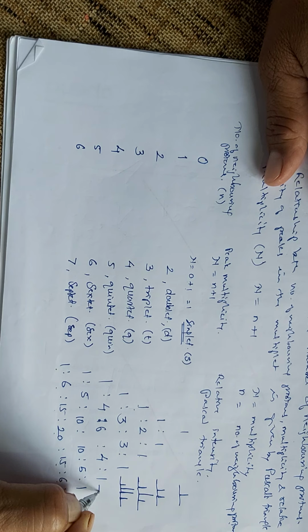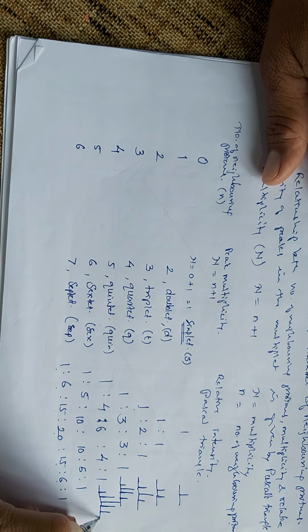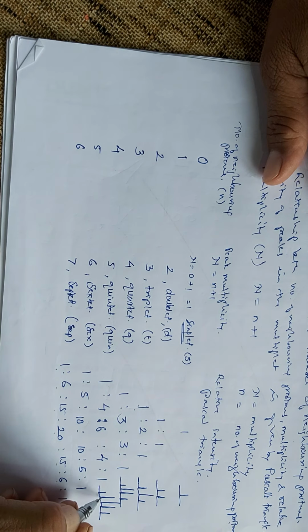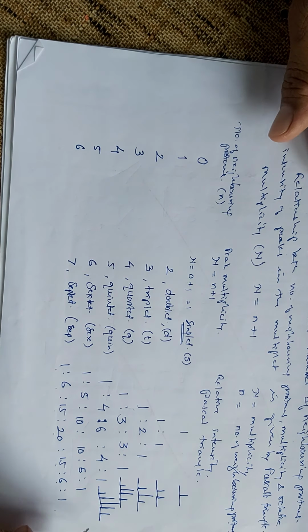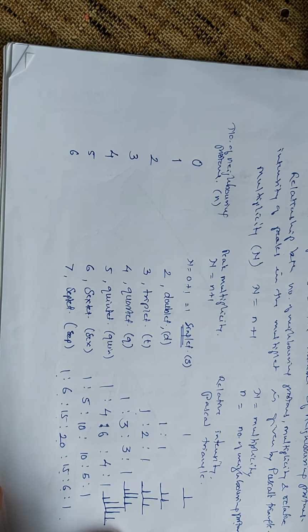Here the quintet is 1 is to 4 is to 6 is to 4 is to 1. So the intensities of the lines change in this way, and this is nothing but Pascal's triangle.